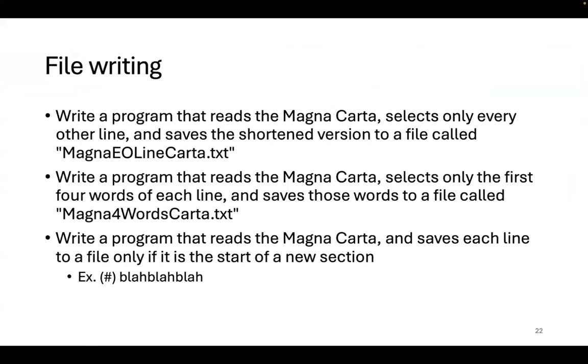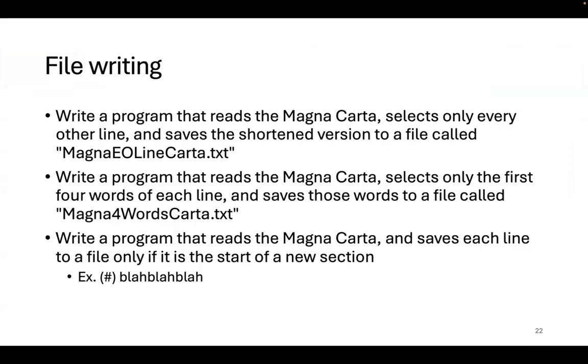I would like you to write 3 different methods. You should have the Magna Carta, so make a new class. You can copy the code that you wrote, or copy the stuff that I have. One method reads the Magna Carta and selects only every other line.